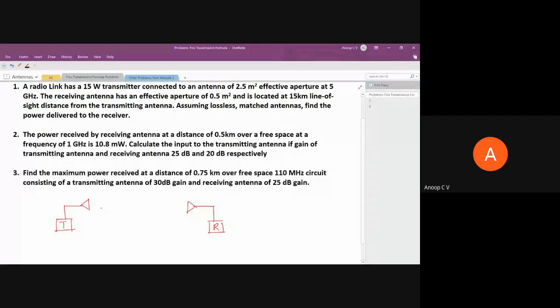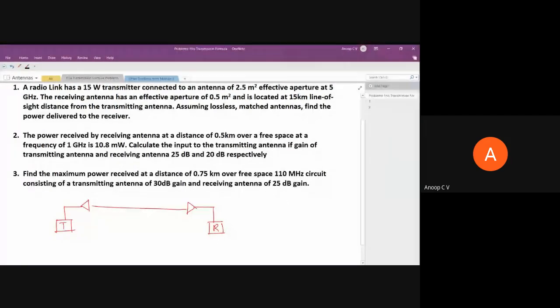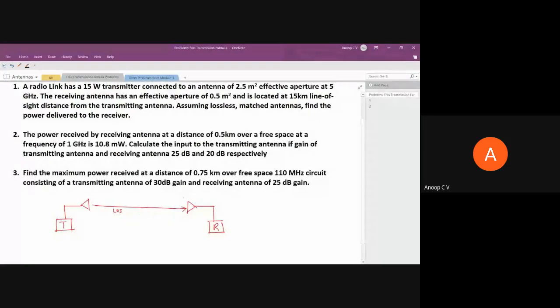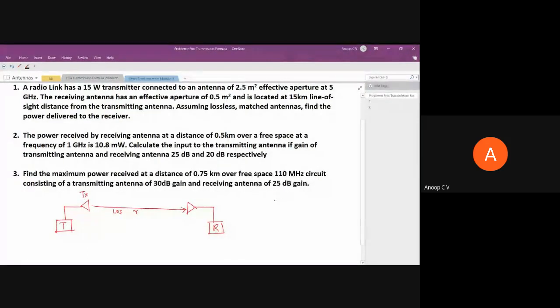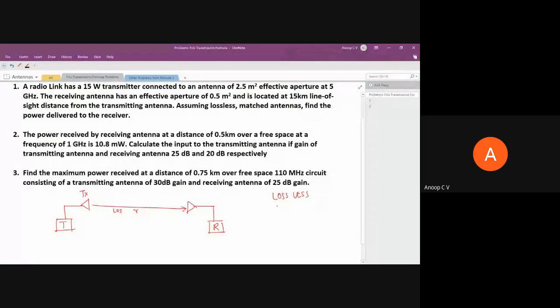This is a direct line of sight path, which means it's free space. There is no obstacle and there won't be any reflected path. Only one direct line of sight path will be there, and this distance is R. Our assumption was that both antennas are lossless and matched.